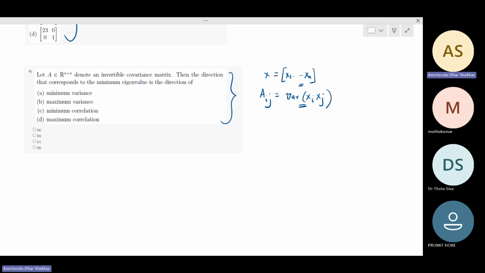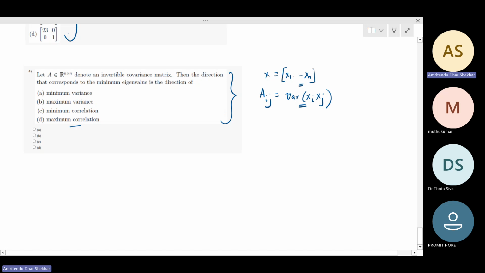Now, what they mean when they say the direction that corresponds to the minimum eigenvalue is not really clear to me. My understanding tells me that the direction which corresponds to the minimum eigenvalue should correspond to the maximum correlation.